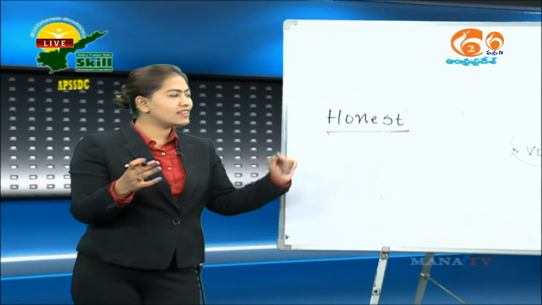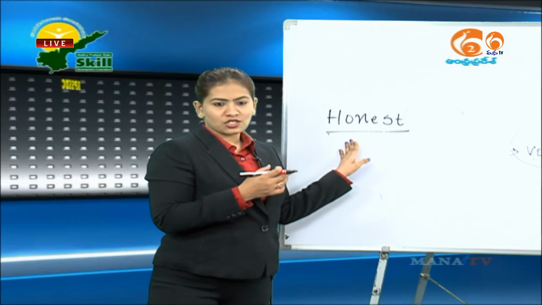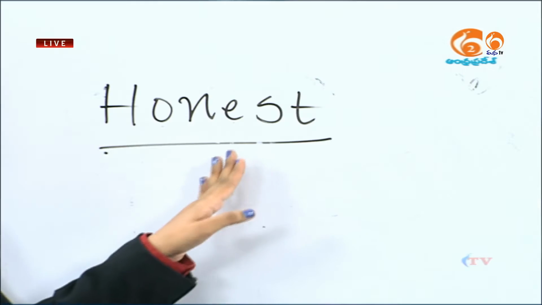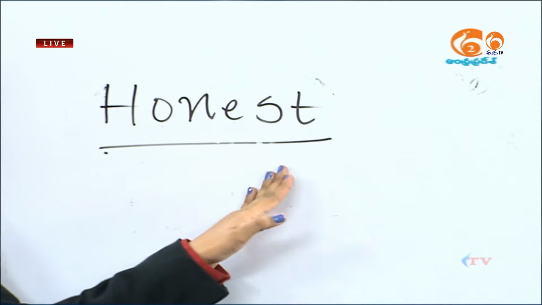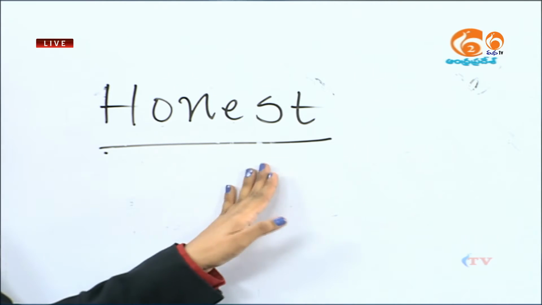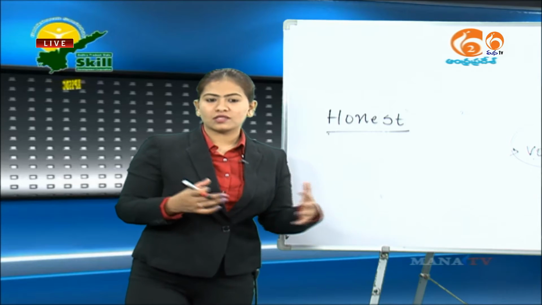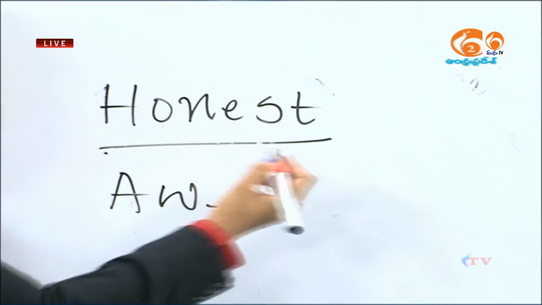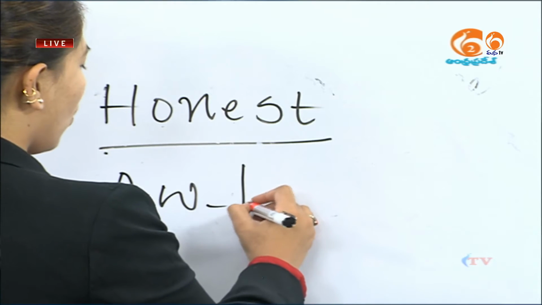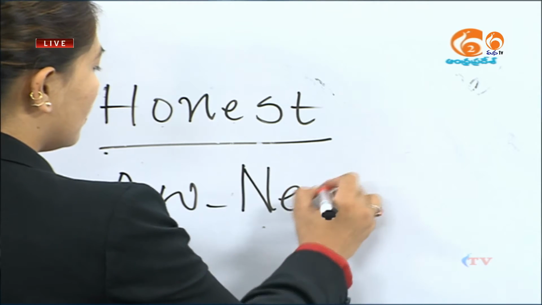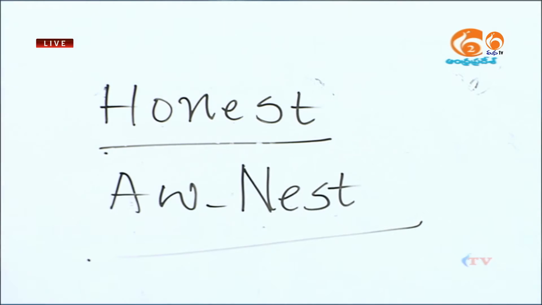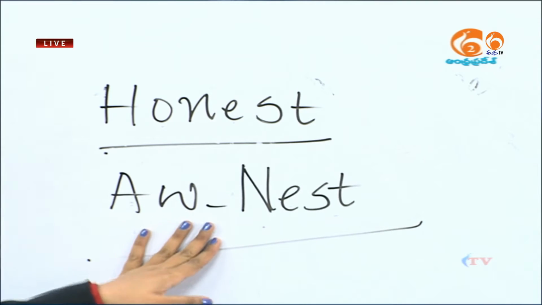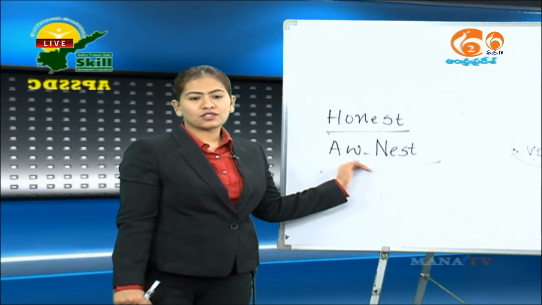So once again, the word is spelled H-O-N-E-S-T. The word is pronounced with the aw sound, as close to this sound, aw. So it's honest, with a silent H. It's certainly not hon-est with an H sound, but aw-nest.